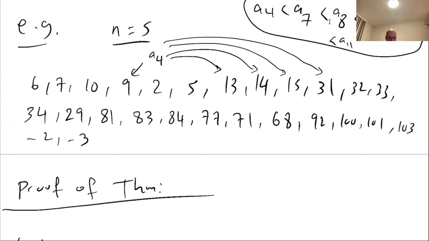For example, look at this element 68. What is the index of this 68? Is it the first element of the sequence or second or what? So the first element starts from 6. So 3, 6, 9, 12, and then 15, 18, 20. So this is A20.